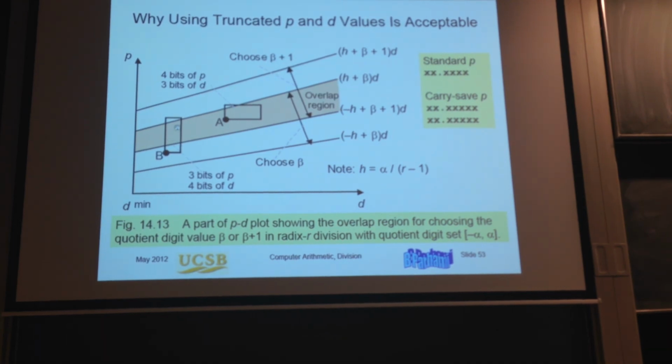There is no choice for this which will satisfy all of them. Let's say if I choose this one, and I'm in here, it's fine. But if I'm in here, there is no overlap.